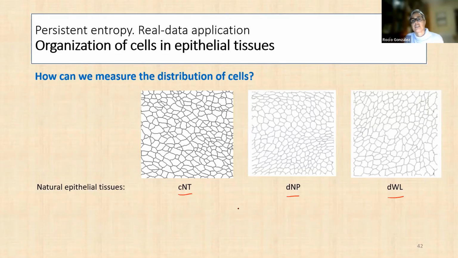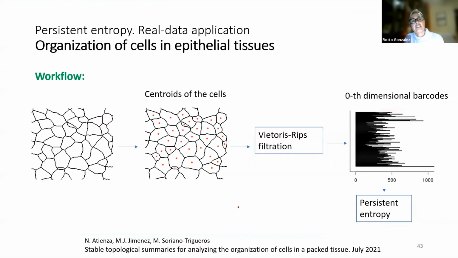How can we do this? Here the idea is to compute the centroids of the regions, and we compute the Vietoris-Rips filtration, the 0-dimensional barcodes, and the persistent entropy. This part is more or less always the same.